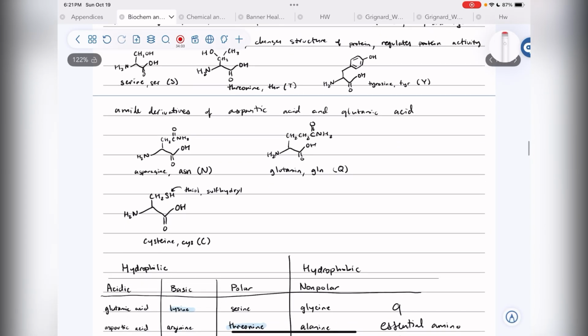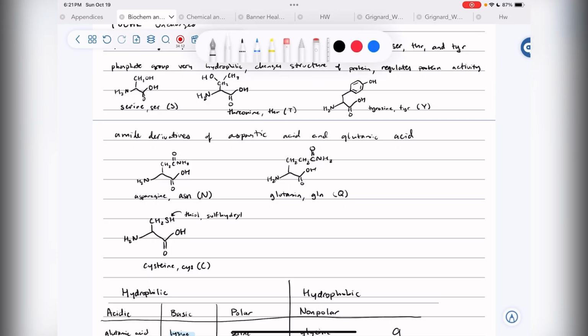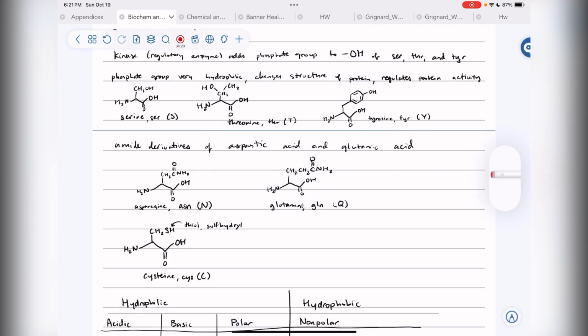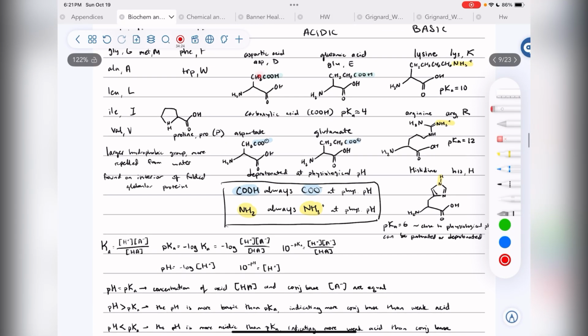Okay. Here are some more polar uncharged amino acids. This one's asparagine, and this one's glutamine. Okay. And then it says amide derivatives of aspartic acid and glutamic acid. The reason why it says that is because over here you saw the carboxylic acid group with the C double bond O and then a single bond to OH.